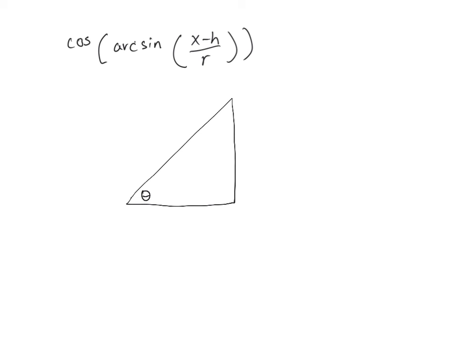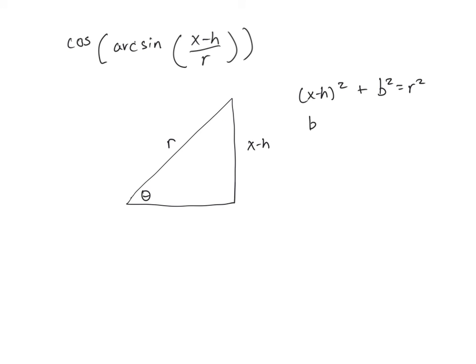That's what I always do. Our sine is opposite, so this is x minus h, over the hypotenuse, this is r. So then, if I use the Pythagorean theorem, x minus h squared plus, I'm going to call this b squared, equals r squared. I'm just going to solve for b.